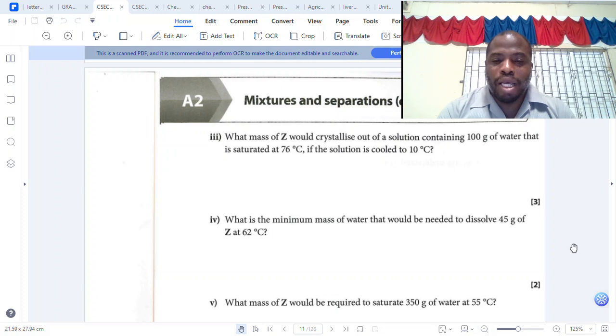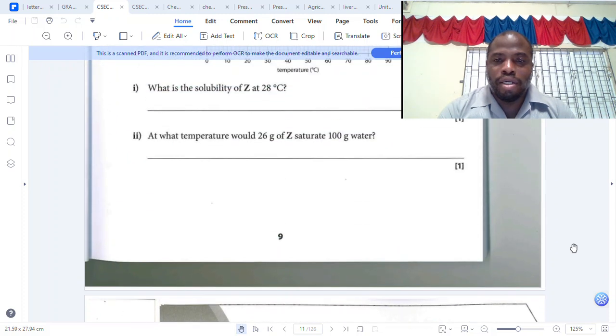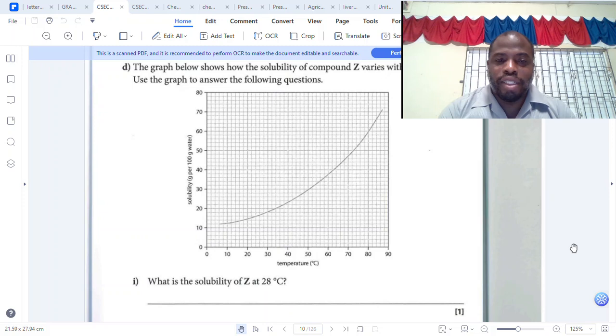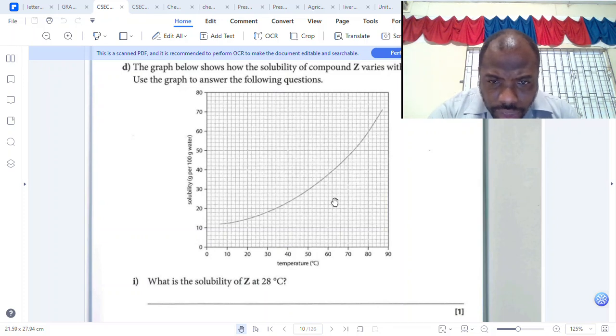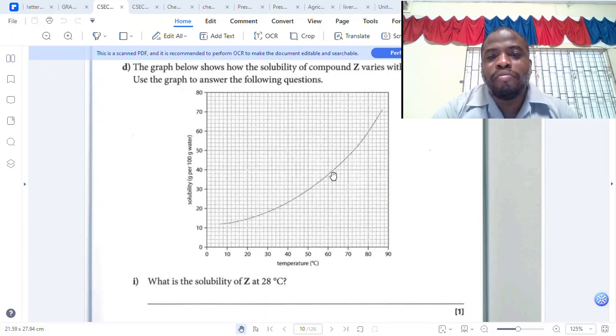So we're going to go back and look at our graph. For 62 degrees Celsius, we're at, so look keenly, we're at about, it's not directly on the line, so we're at 39 right here when we go across.